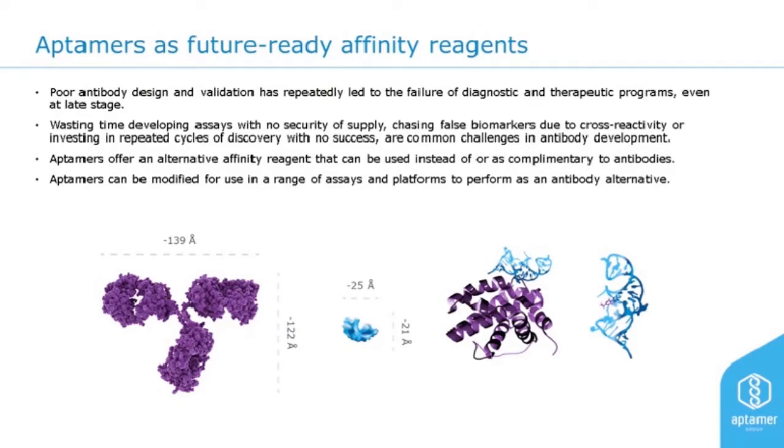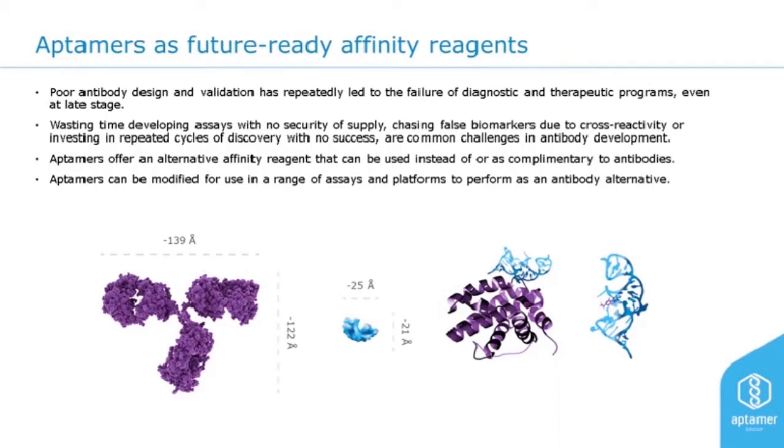First off, some of the background to why people would want to use aptamers. There are commonly known issues around antibody isolation and production downstream that can lead to various failures in diagnostic and therapeutic programs, even at very late stages in that process. You want to try and avoid any of those issues wherever possible. There are also commonly known issues around the production and isolation that can lead to issues with security of supply.